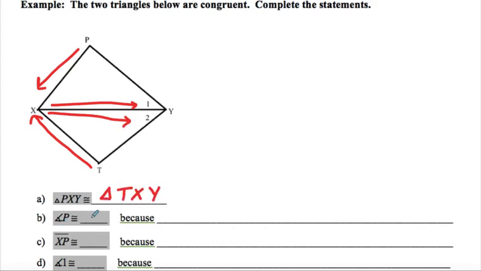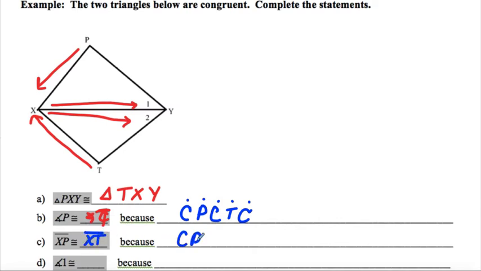Okay, so angle P would be congruent to angle T. This is a great place to use CPCTC, because corresponding parts of congruent triangles are congruent. All right, XP is congruent to XT.